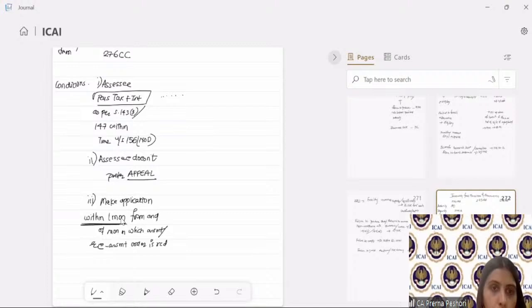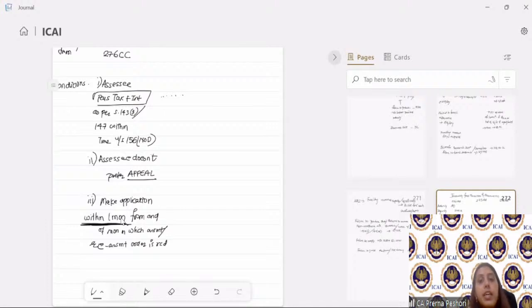So within 1 month itself, the assessee needs to make the application. So the time limit for making application is 1 month from the end of the month in which the order of assessment is received. Is that clear?